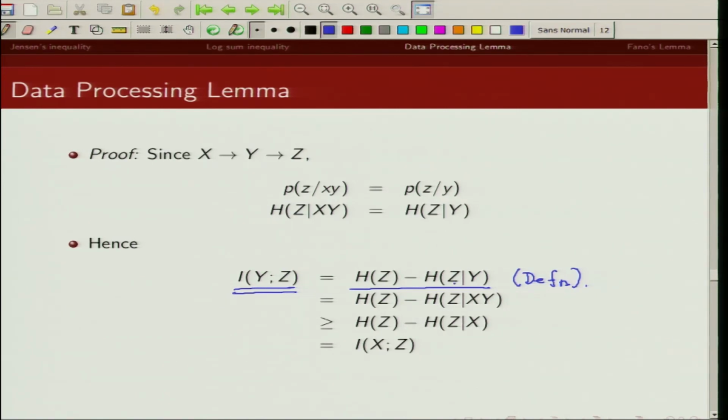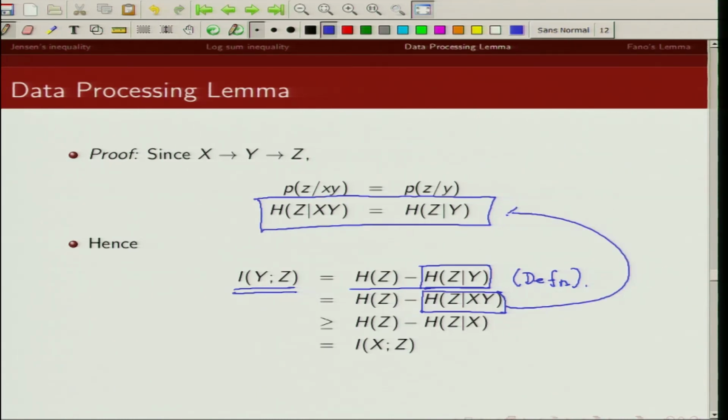Now, I know h of z given y is same as h of z given x and y. So, I replace this with the uncertainty in z given x, y. This line follows from the Markov process.